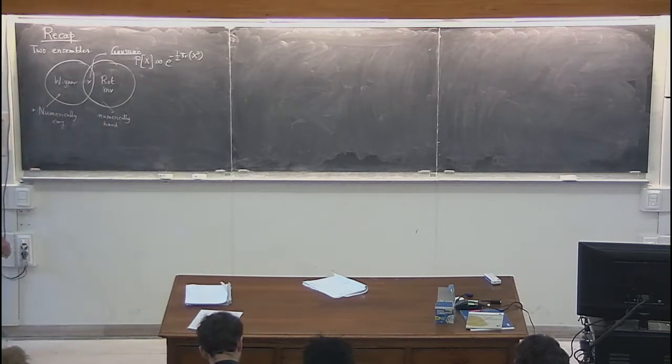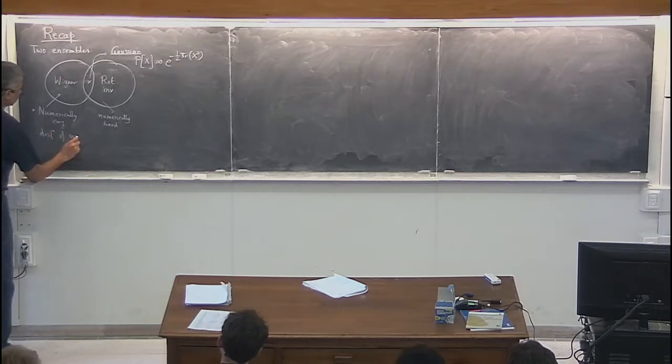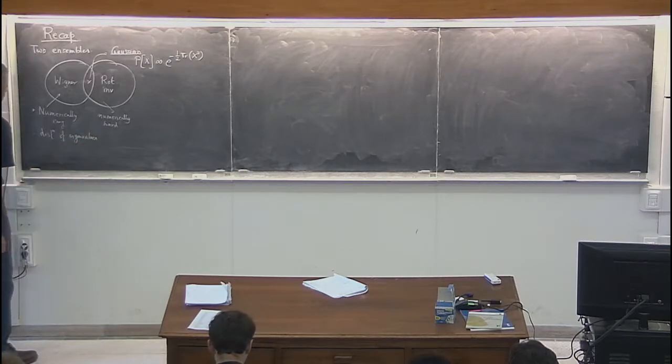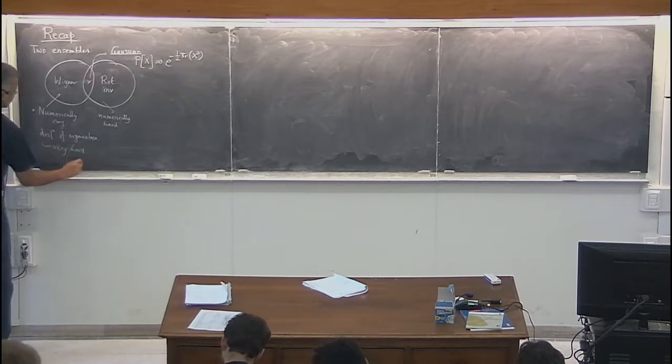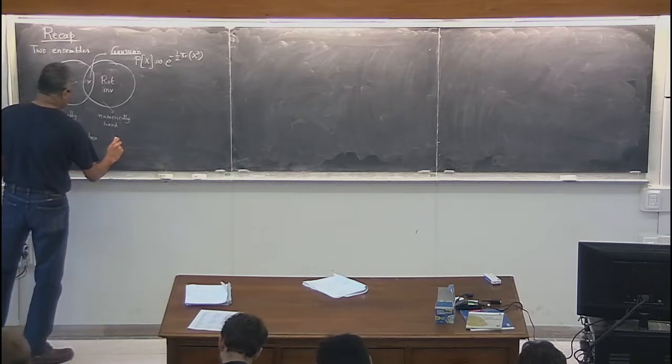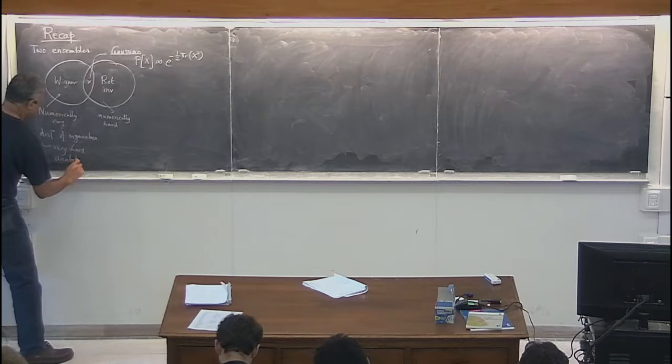But analytically, if you want to calculate the distribution of eigenvalues, by which I mean the joint distribution of the eigenvalues, usually for Wigner matrices it is very hard, and it's relatively easy for the rotational invariant ones.